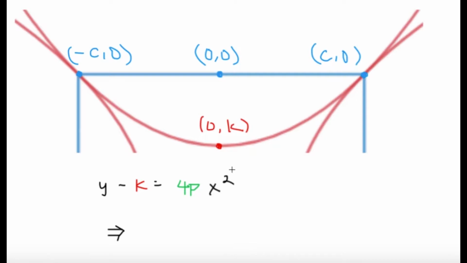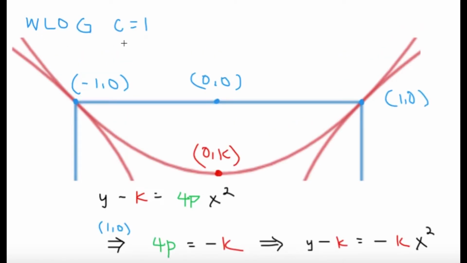Now, let's try to eliminate some of the variables, because we're just trying to get the ratio of the shaded area to the area of the square. Without loss of generality, let's say c equals 1, because everything can be scaled up or down. So without loss of generality, let's make our life easier: c equals 1.